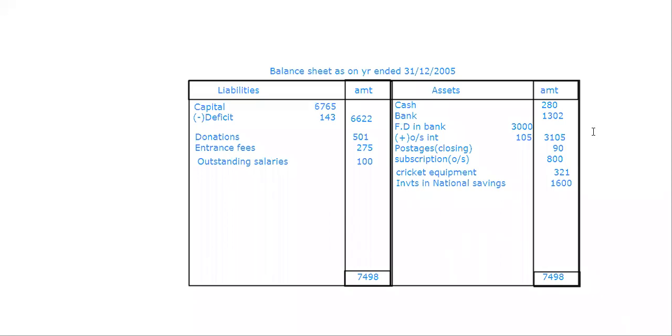Done? Yes, ma'am. Now see the 10th one, which is your homework. From the following receipts and payments account of Ashok Nagar Association for the year ended 31st December 2005. He gave the opening cash balance, which we take in the opening balance sheet. Entrance fee he gave, we'll see what he asks, or else we'll take it in income. Subscriptions he gave separately. 2004 will appear in the opening balance sheet as an outstanding asset, and subscription 2005 we take on the income side.